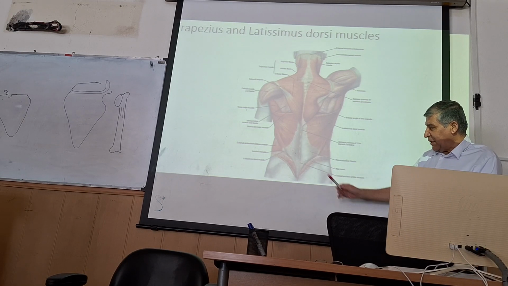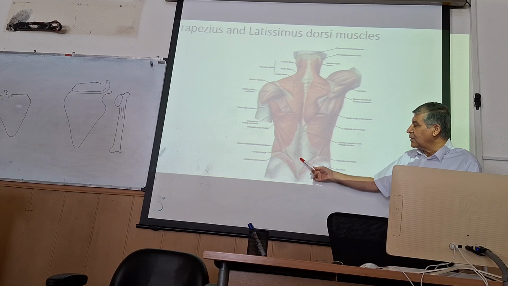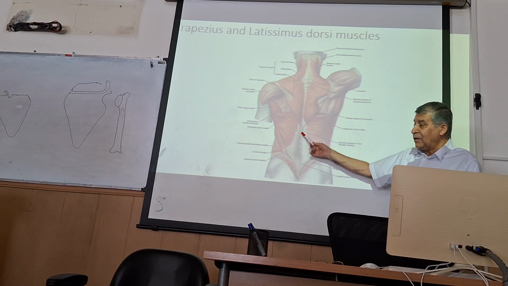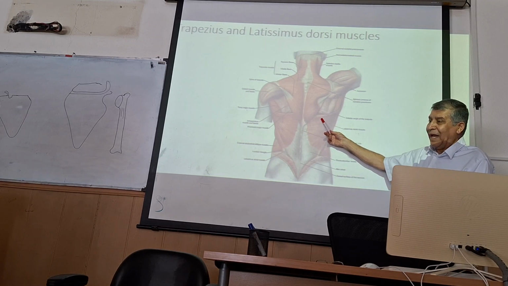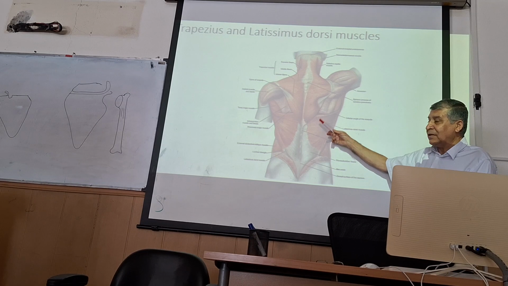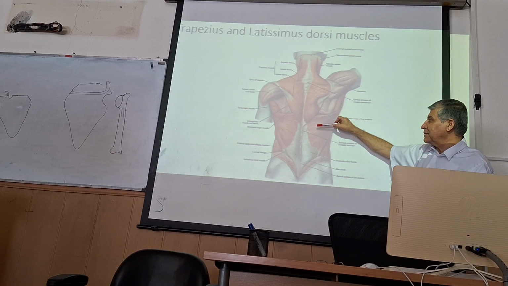Latissimus dorsi arises from the sacrum, the lumbar vertebrae, the lower six thoracic vertebrae, the lower angle of the scapula, and the lower four ribs.